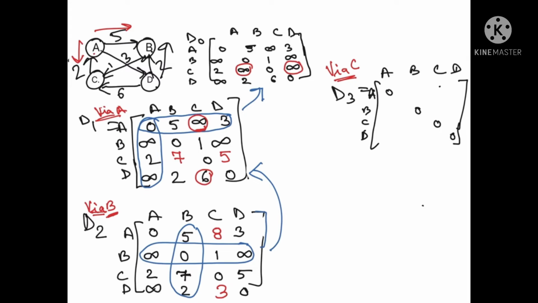So it will be 8, 1, 0, 3, and here it is 2, 7, 0, 5. Okay, so this will remain the same.